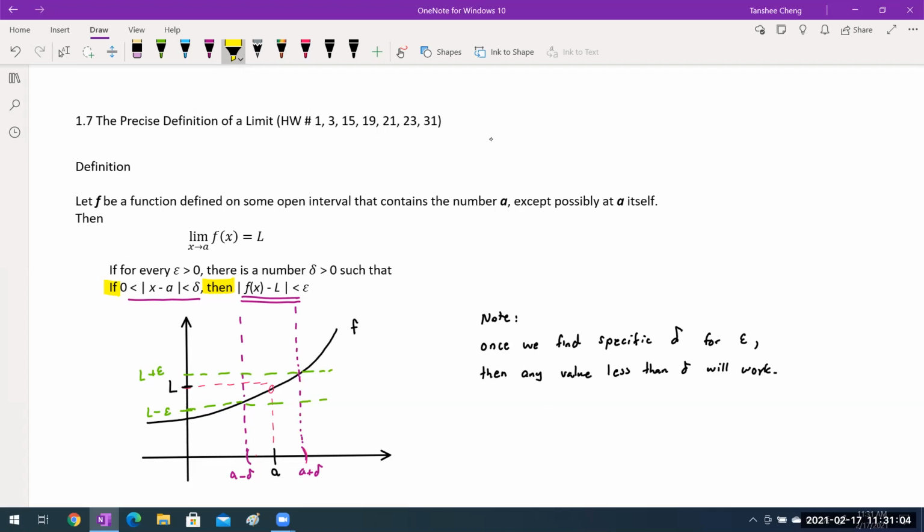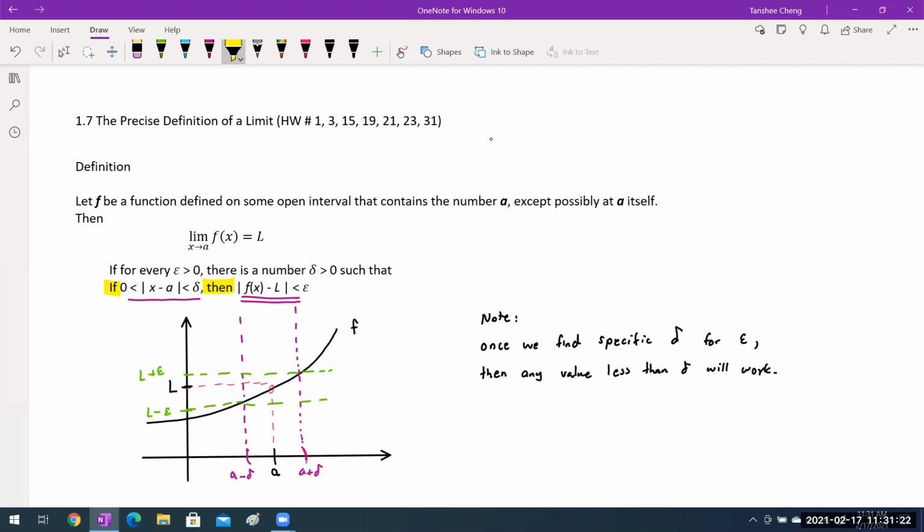Okay? And we're going to focus on the linear case, and on a test, I will ask you to prove for the linear case. But there are many other functions: quadratic, absolute value, radicals, rationals.